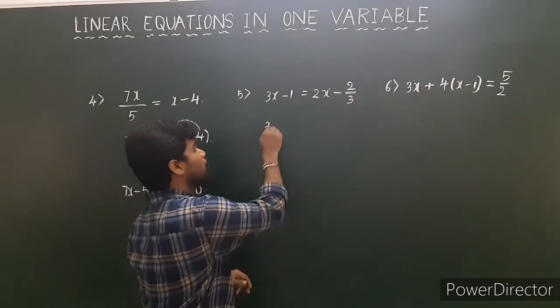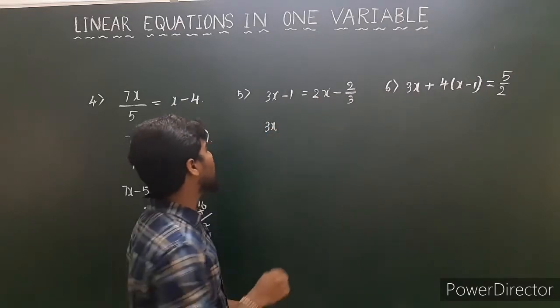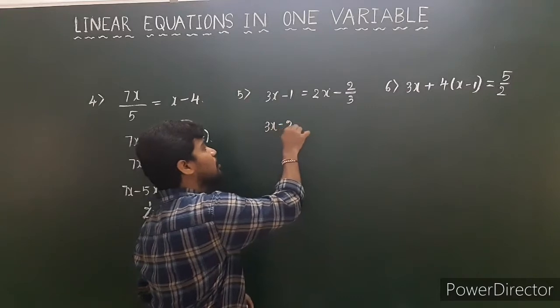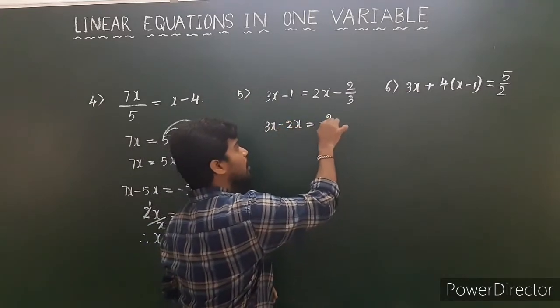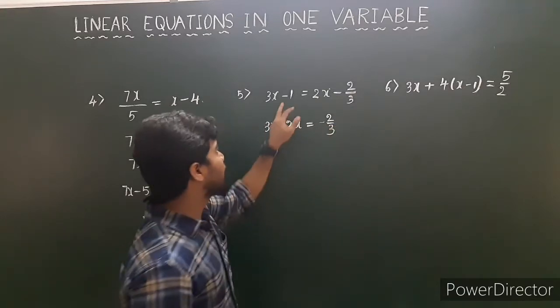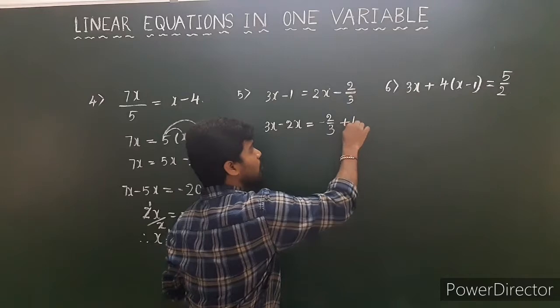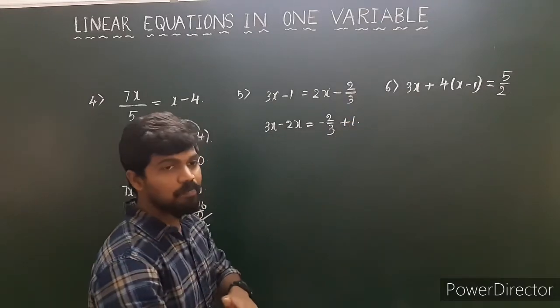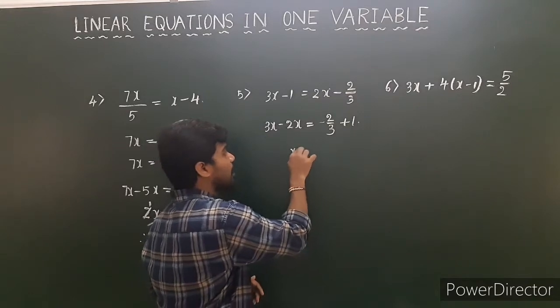So 3x, transpose 2x to LHS. You get minus 2x. And already you have minus 2 by 3 on this side. And you take plus 1 to RHS using transposition, so it will become plus 1. So 3x minus 2x you get x.